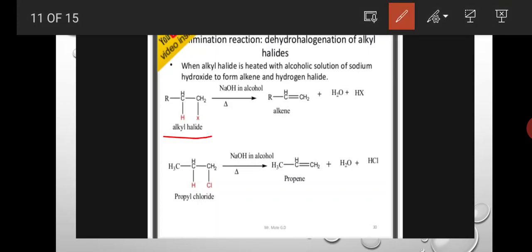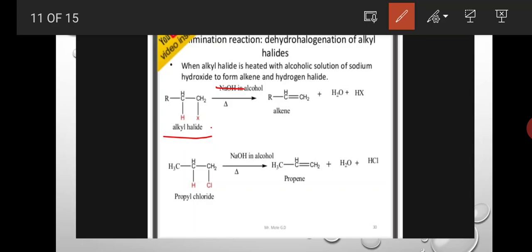Here this is the alkyl halide, RCH2CH2X. This alkyl halide is heated with alcoholic solution of sodium hydroxide. And here there is elimination of hydrogen and halogen from adjacent carbons.